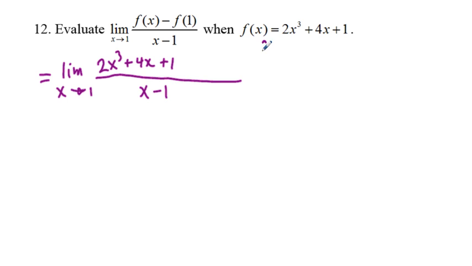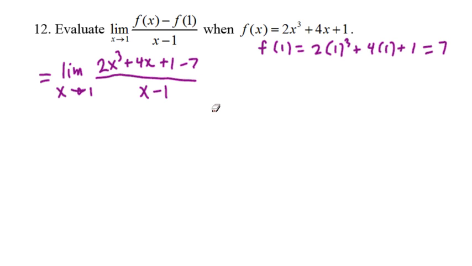So we got to find f of 1. So we plug in 1, f of 1 equals 2 times 1 cubed plus 4 times 1 plus 1. Well, that's going to be 2 plus 4 plus 1, which will equal 7. So now we're going to have to subtract f of 1, which is 7.